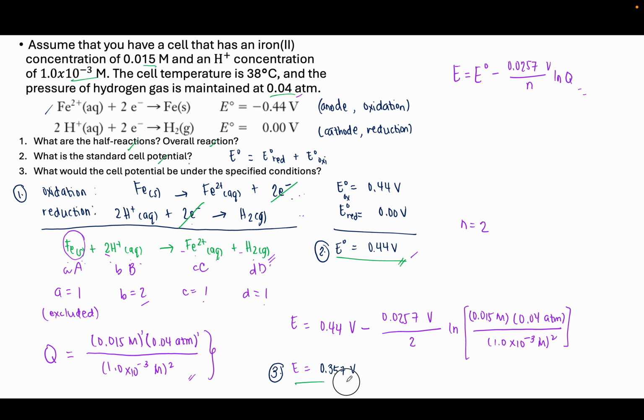So this is the cell potential under specified condition, and this one is standard. What have you noticed? There is a difference. So this is standard, this is non-standard. As the label suggests, the standard is often greater than the non-standard. So that's for cell voltage under non-standard conditions.